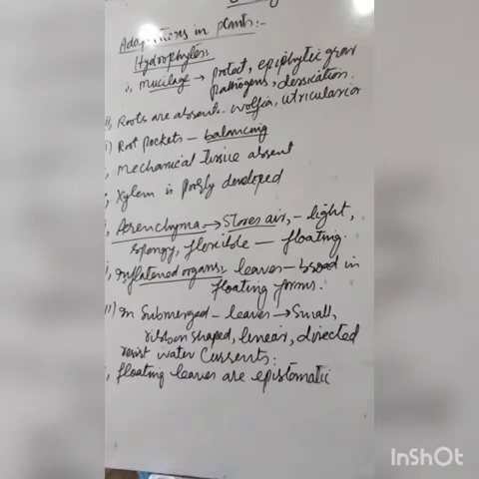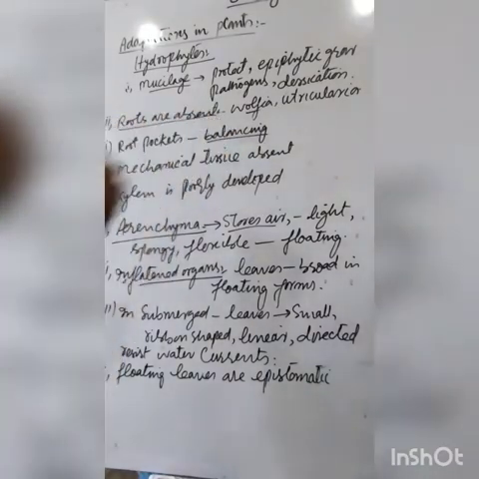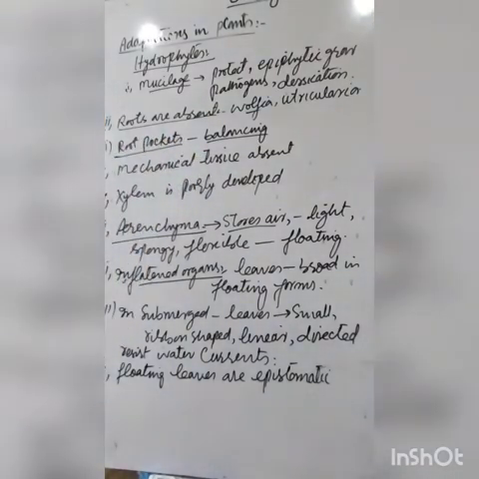In some cases the roots are absent, like Wolffia and Utricularia. They do not need the roots. There are root pockets instead of root caps. Root caps have been replaced by root pockets. They help in balancing inside the water.